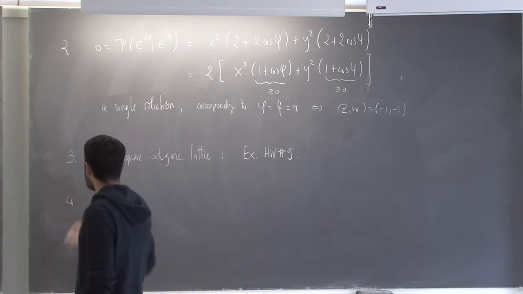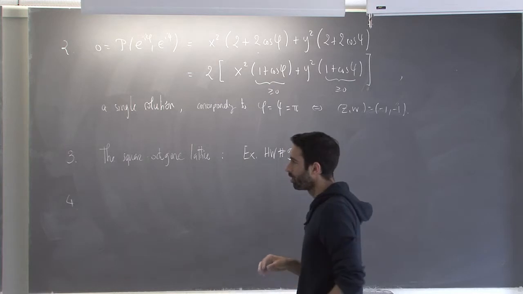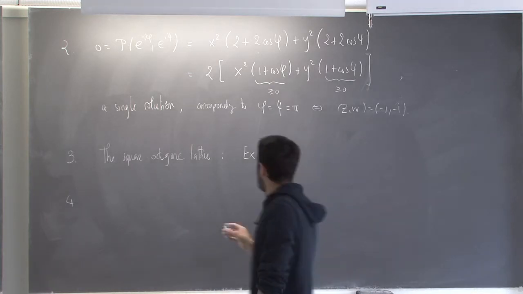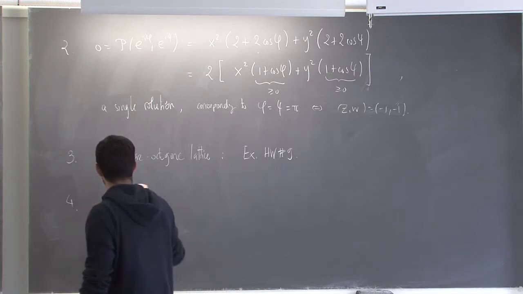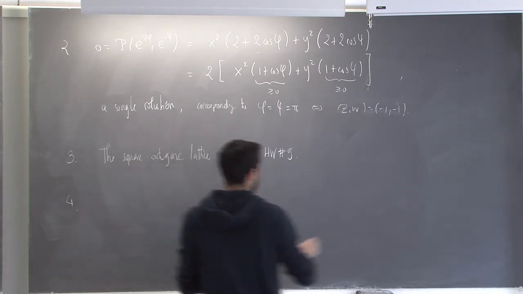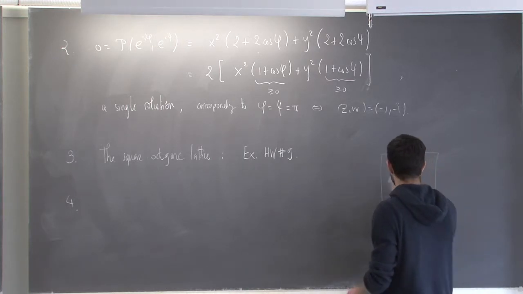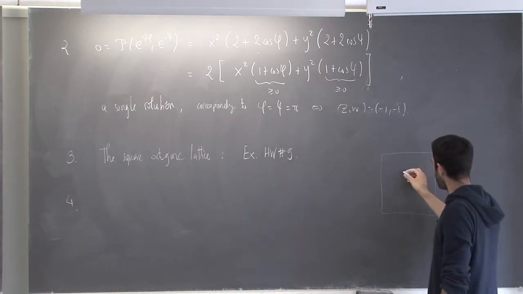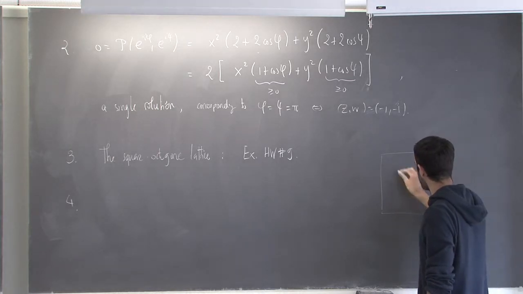I will give a fourth example just to see that we have to be a little bit careful when we state a theorem, because now there's going to be a general theorem saying that it always works. Let's just be a little bit stupid, and look at the following graph.